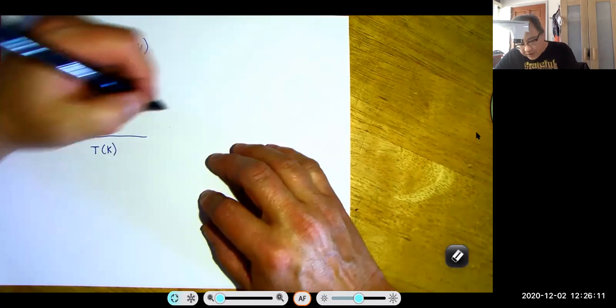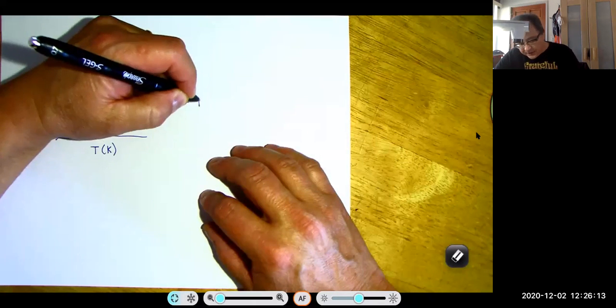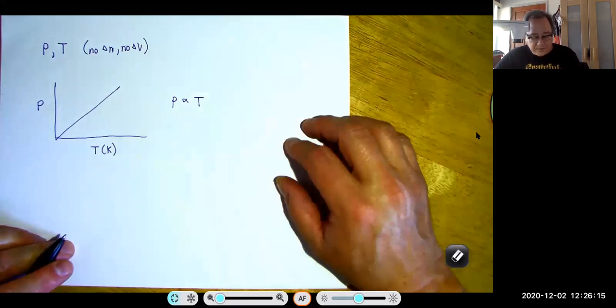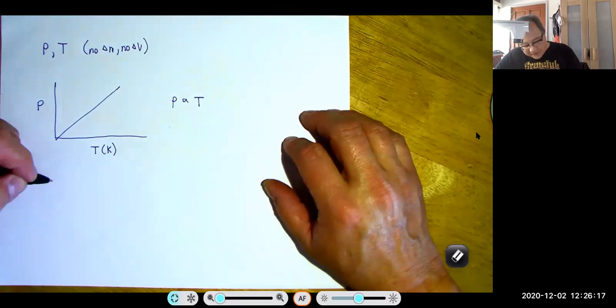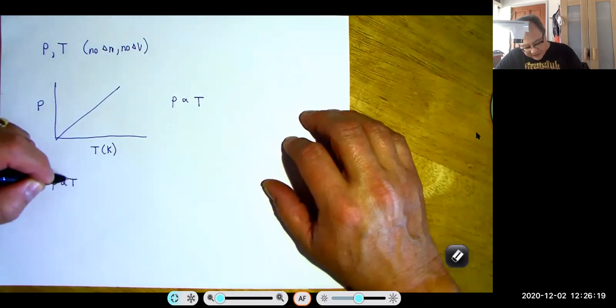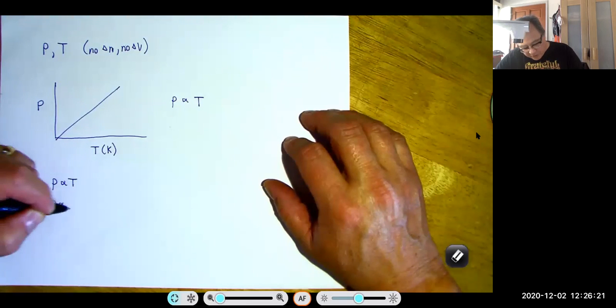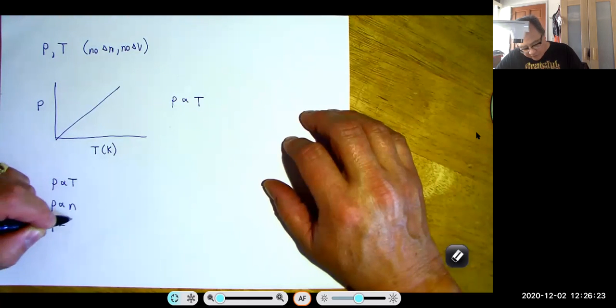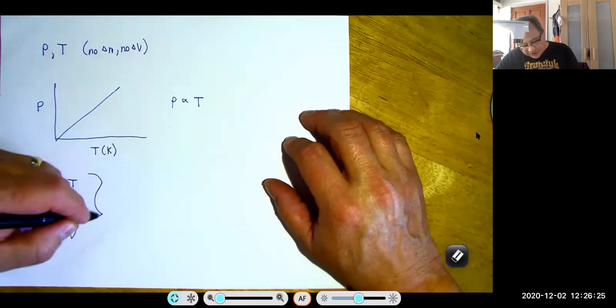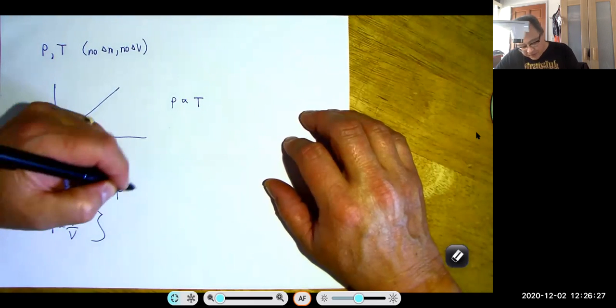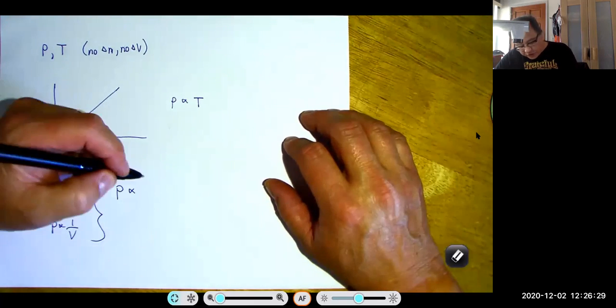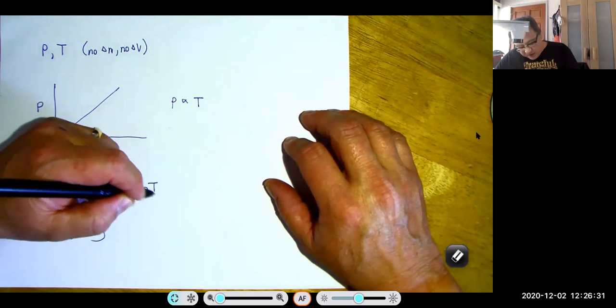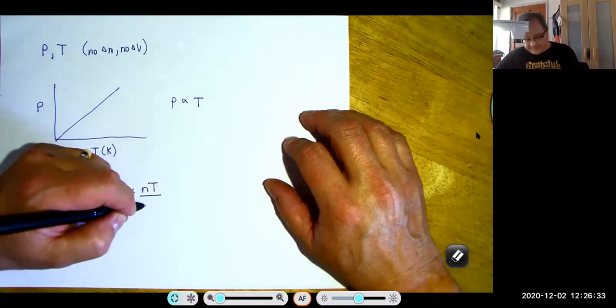So this means that the pressure is proportional to the temp. Now, if we combine all of these, pressure proportional to temp, pressure proportional to moles, pressure proportional to 1 over V, we can combine these all together and get that the pressure is proportional to nT over V.